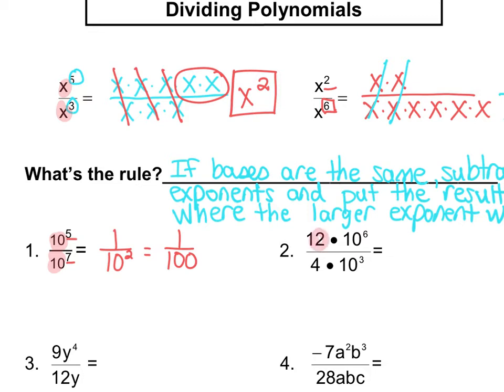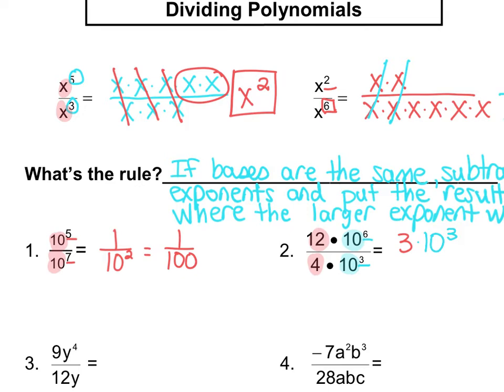So these numbers right here are considered the same bases, so I would divide those. 12 divided by 4 is 3. And then my other bases are 10. 10 to the sixth divided by 10 to the third. 6 minus 3 is 3. So the 10 to the third would stay in the numerator.